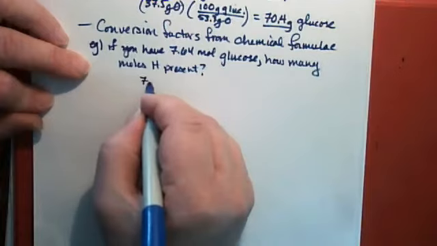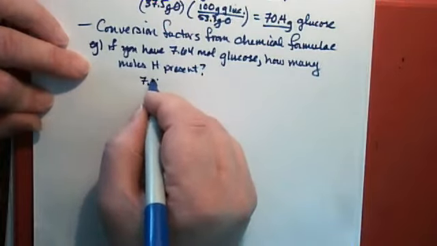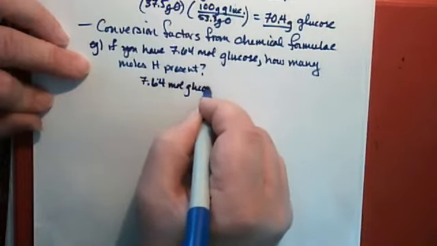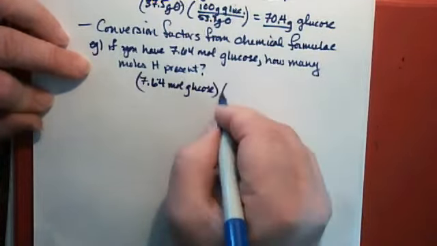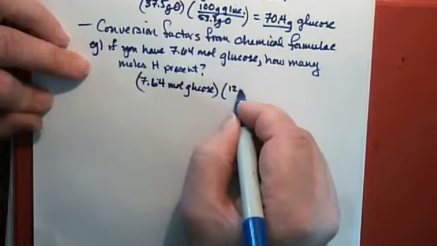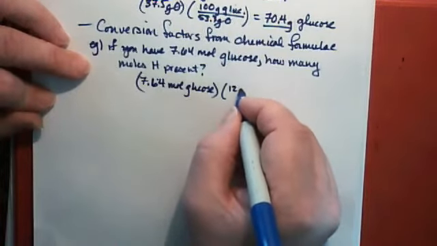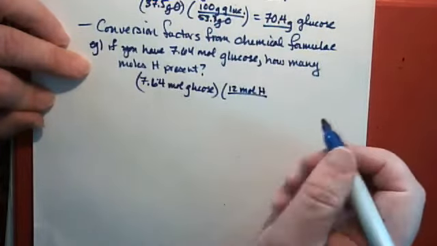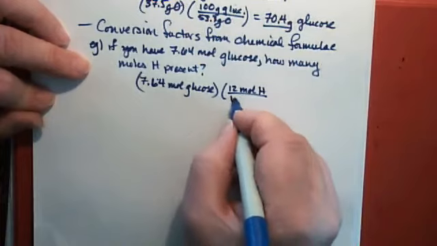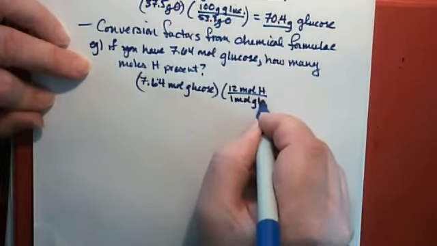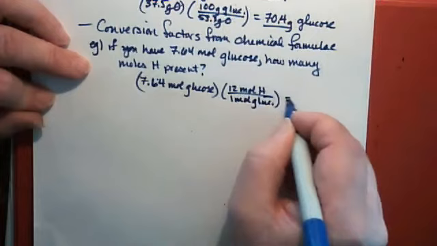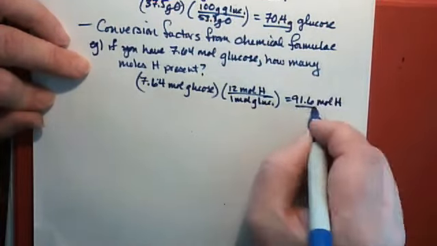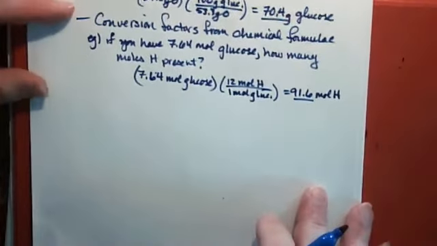Well, that's just a matter of 7.64 moles of glucose times the fact that there are 12 times as many hydrogens as glucose molecules. So in this case, that means that there'd be 12 moles of hydrogen for every 1 mole of glucose. And that would mean that there would be 91.6 moles of hydrogen.